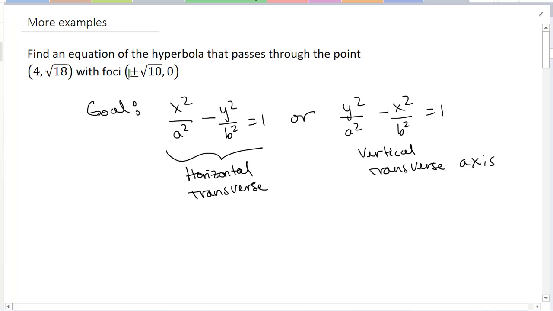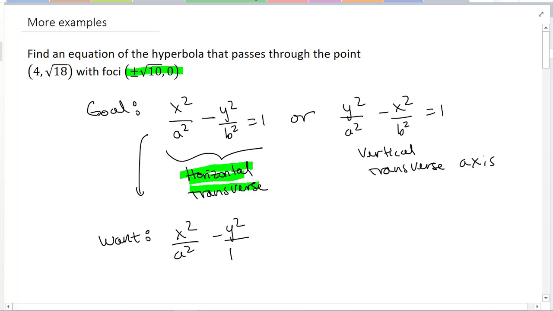Notice that the foci say plus or minus root 10, 0. So the x is given and the y is 0. That means the foci are on the x-axis, so we have a horizontal transverse axis. And so we're looking for this equation: x squared over a squared minus y squared over b squared equals 1.